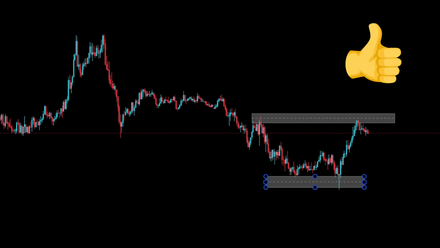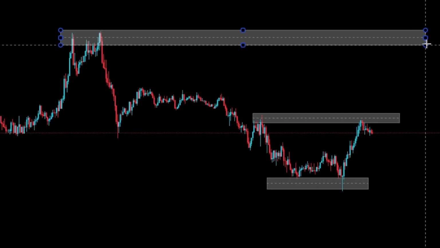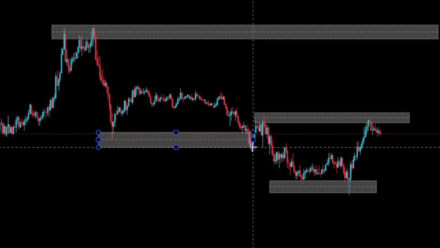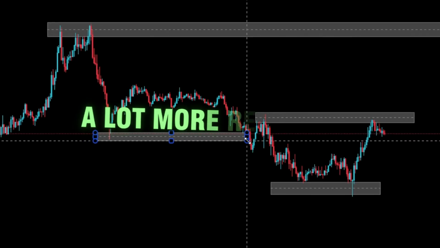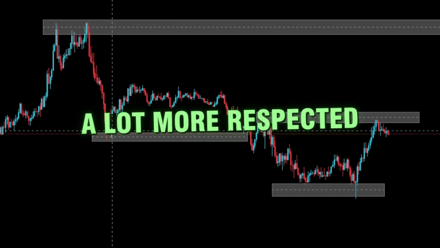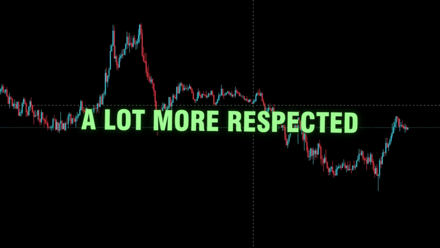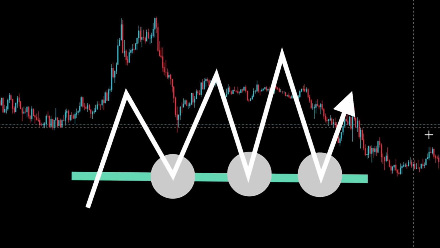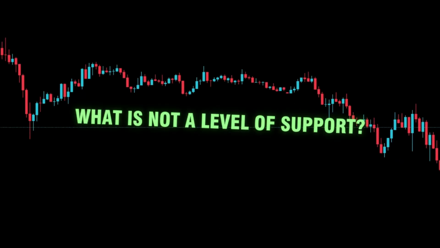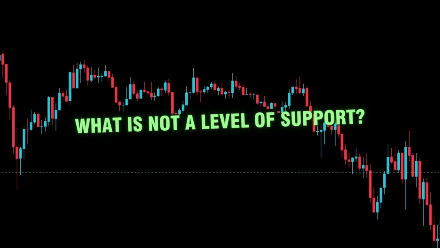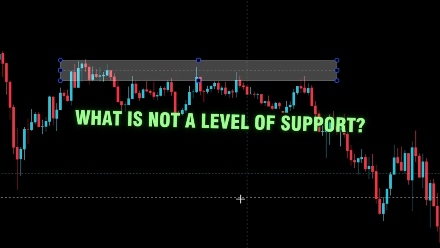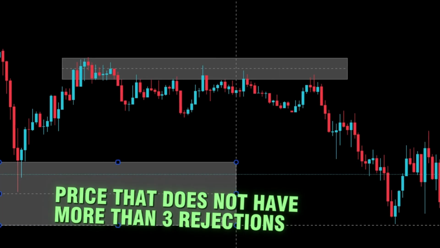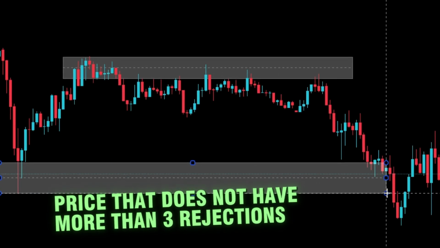Because if price gets to a daily support level, and it's had, let's say, 5 rejections, for example, this is good because the daily time frame takes a lot longer to move, so it's a lot more respected than, let's say, a 1 hour area of interest or a support level with 5 touches. Because the 1 hour has a lot more movement, and it could break and not respect that level compared to the daily time frame. So a support level is once price has more than 3 taps of price being held above that support level, as you can see in this example right here.